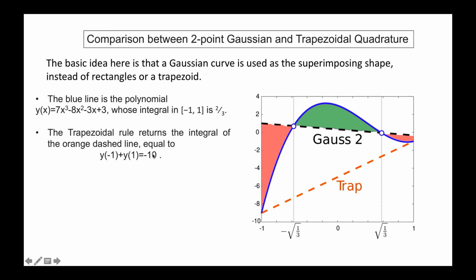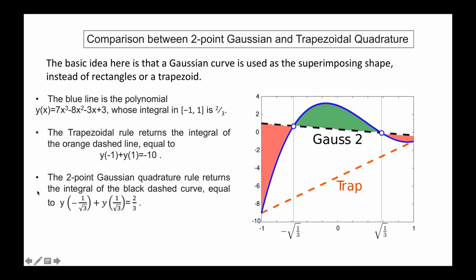So minus 10. Similarly, the 2-point Gaussian quadrature rule returns the integral of the black dashed curve, which is equal to y(minus 1 by square root of 3) plus y(1 by square root of 3), which gives you exactly 2 by 3. So this is the same as if you carried out the exact integral.